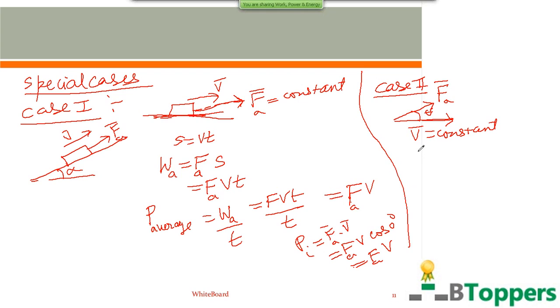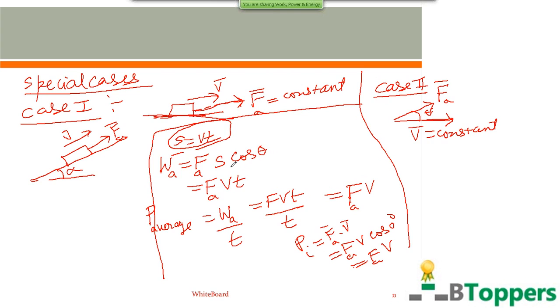So in this case, the instantaneous power, as we discussed earlier, is F_A bar dot V bar, F_A V cos theta. Now we have to find the average power. Let us first find the magnitude of displacement, given again by the same equation S equal to V into T. So in this case, the work done by the force applied by the agent on the body, you can write F_A S cos theta.